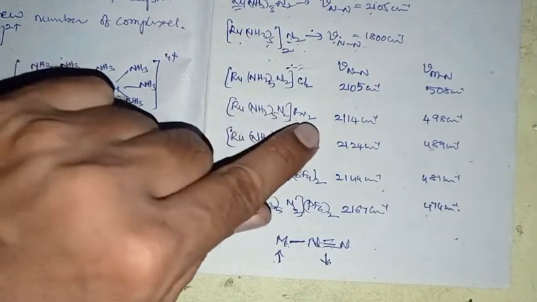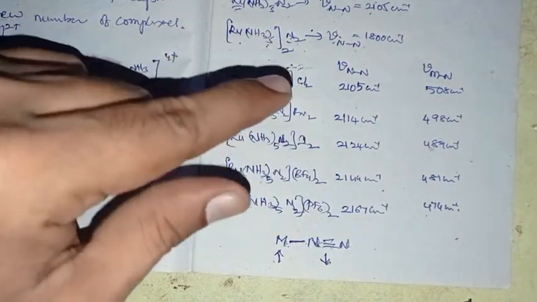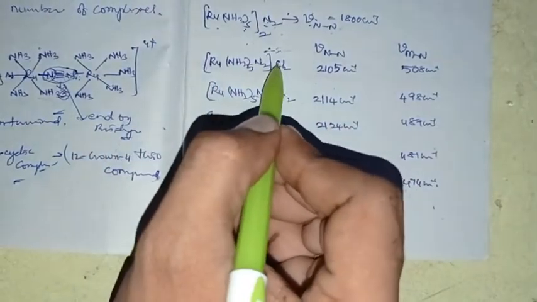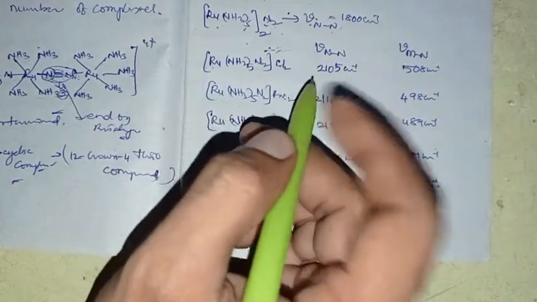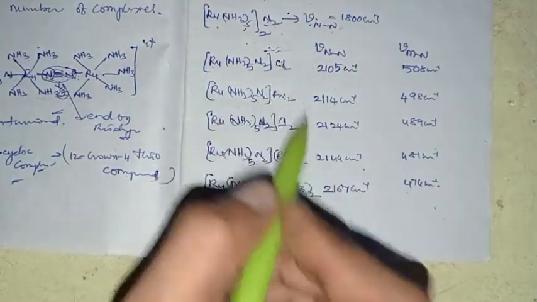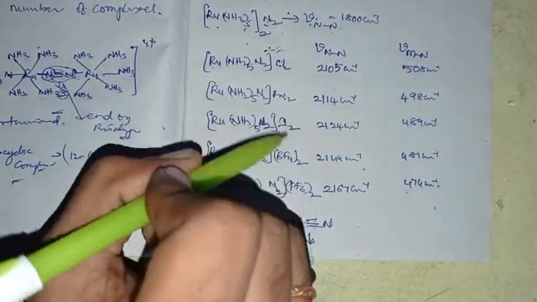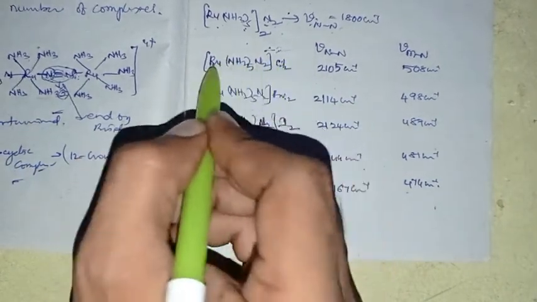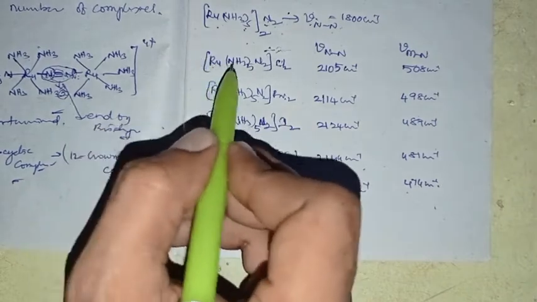Due to that, the polarization of the metal by the primary sphere decreases. Like that, from the first to the last complex, the primary sphere size is increasing and electronegativity is decreasing, which makes a weaker bond from the first complex to the last complex, where the first complex has the stronger bond.